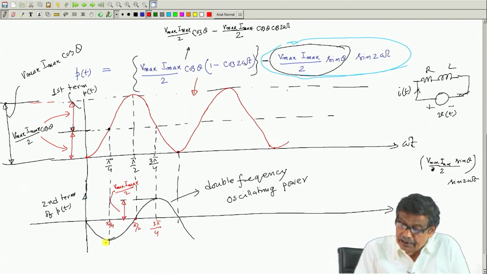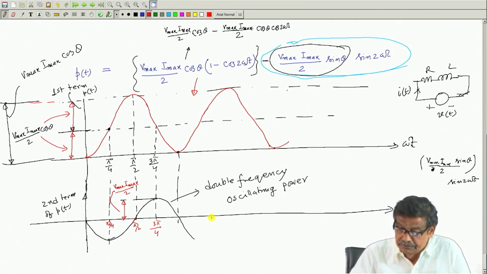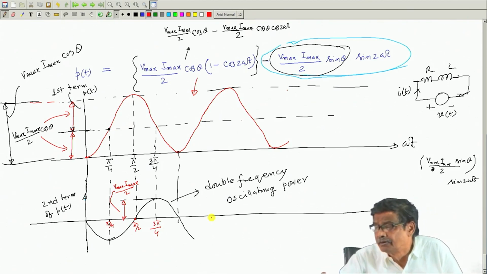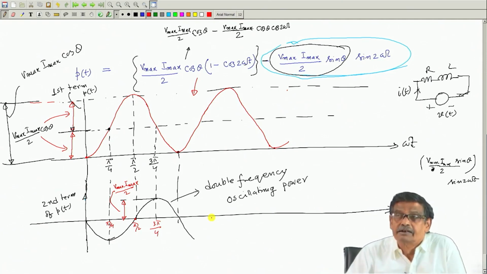Okay. Therefore, it is this power which is flowing to and fro between the source and the load. Sometimes power is absorbed by the load because inductance is there, sometimes power is returned back to the source.